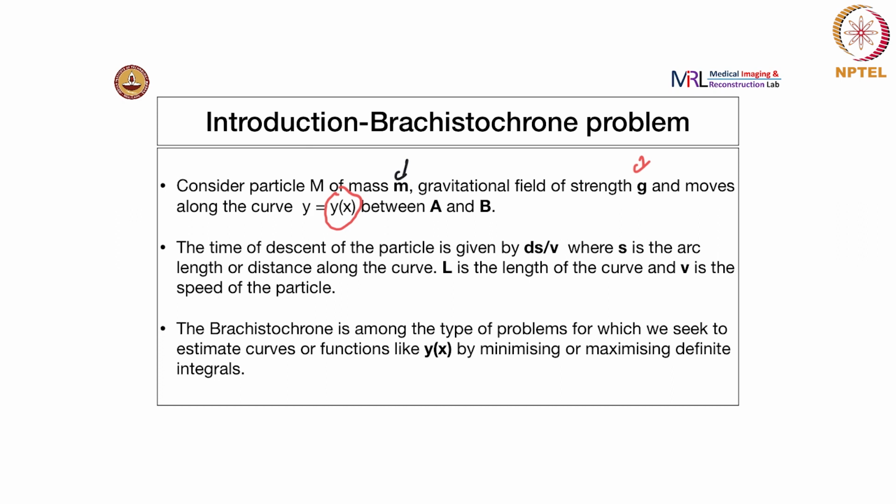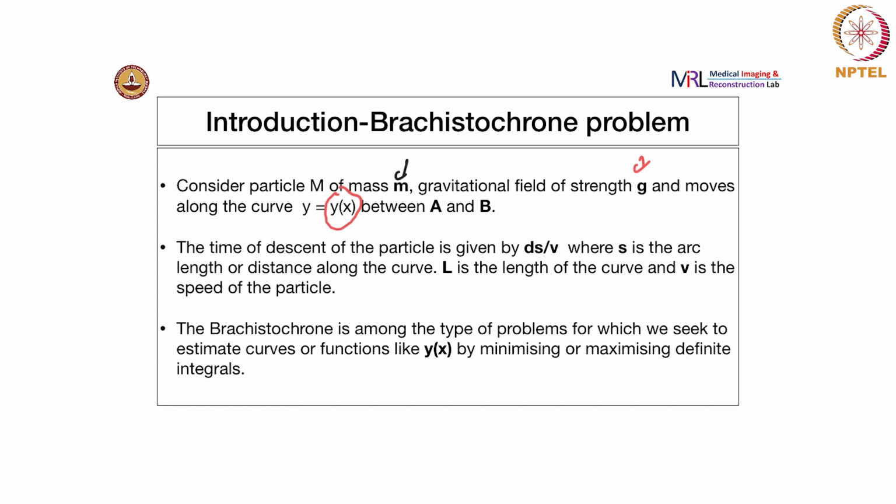The time of descent of the particle is given by ds over v. If the particle travels along the curved path by an infinitesimal length ds, called the arc length, then the time it takes is ds over v, where v is the speed of the point mass or the particle.